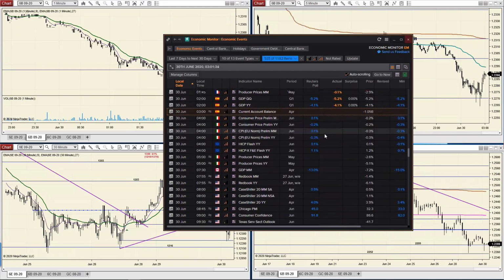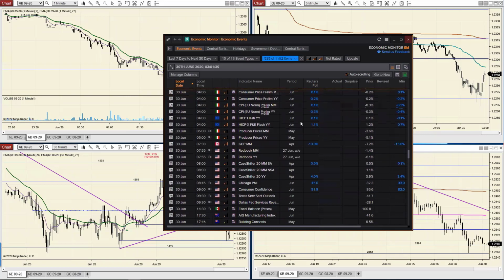We don't have any data in this hour. We do at the top of this next hour. We will get Italian consumer prices as well as HICP flash for the Eurozone. And about an hour later after that, we'll get Italian producer prices.